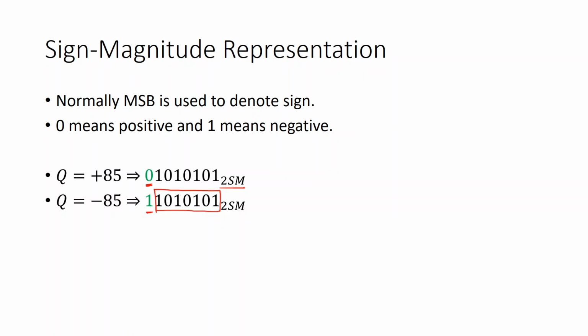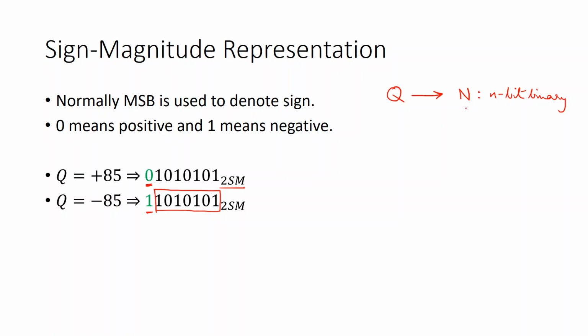So first, for any quantity Q, you write down the number N associated with it. This number N is basically some n-bit binary number.